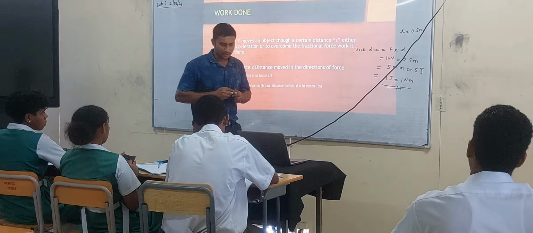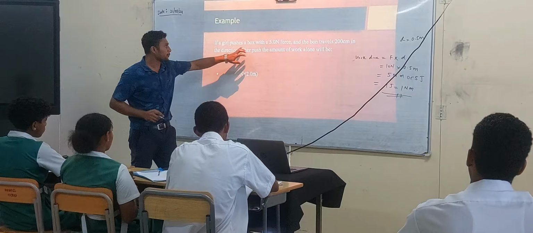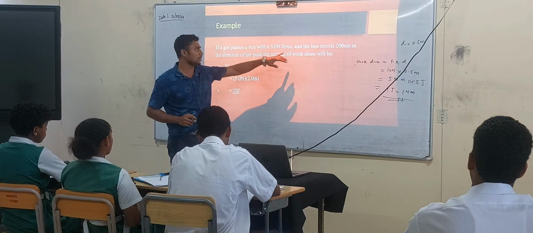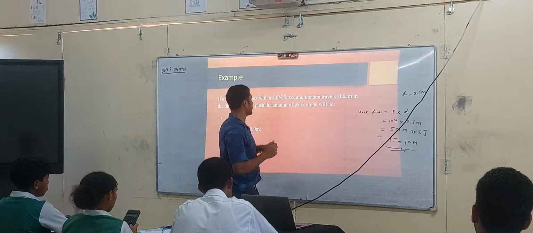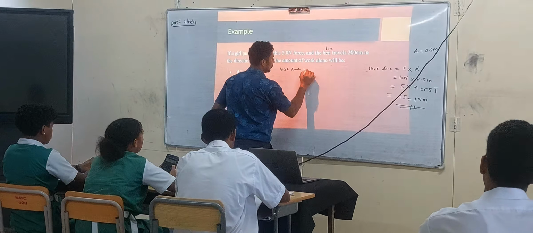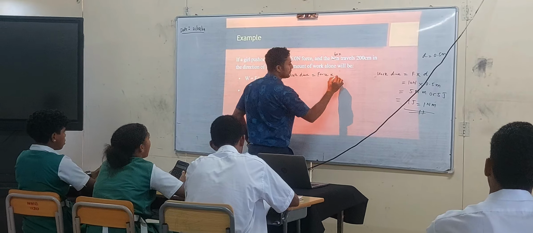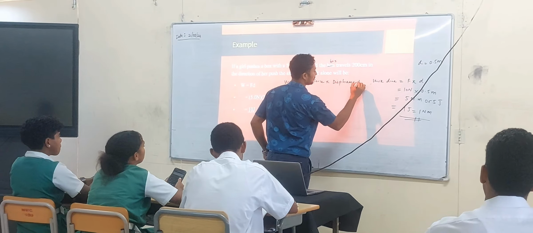Now let's do this example. If a girl pushes a box with a 5 newton force, and the box travels 200 centimeters in the direction of the push, the amount of work done will be, so you know work done is equal to force times distance or displacement.